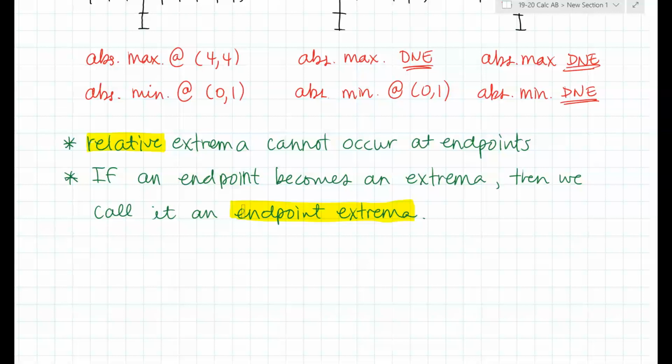All right. Now there is a theorem that you guys have to know, and not that you have to know it by memory, and this will make total sense, but it's theorem 3.1. It's called the extreme value theorem.